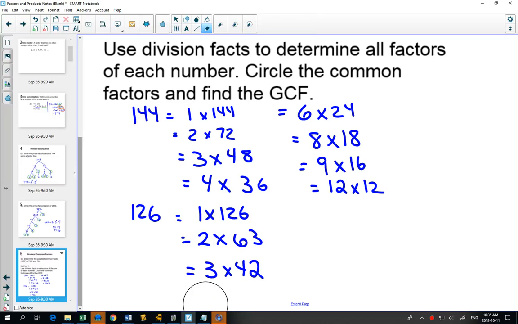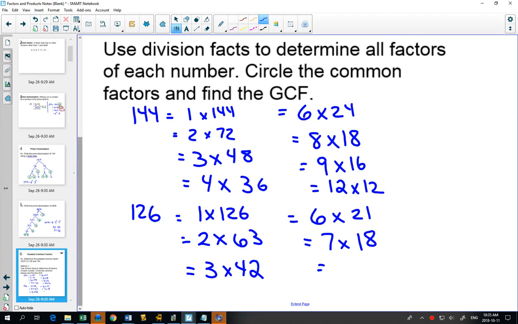Shoot. So then you try 5. Can you divide it by 5? No. Can you divide it by 6? Yes. 6 times 21. Can you divide it by 7? 7 times 18.